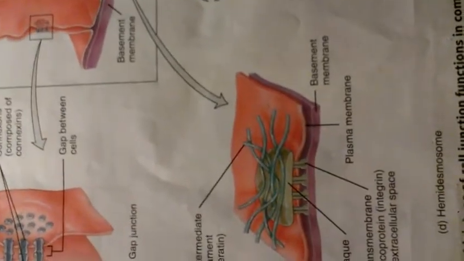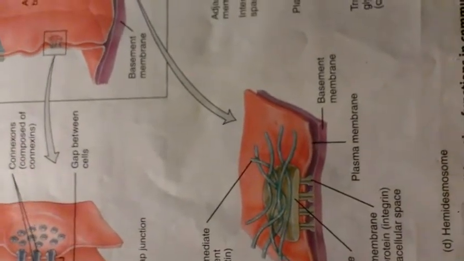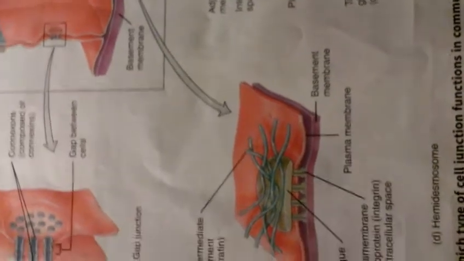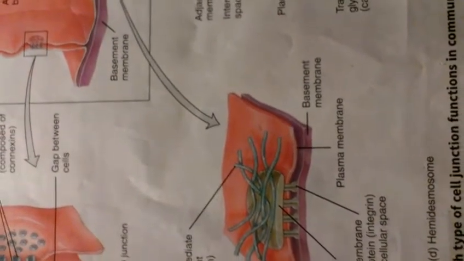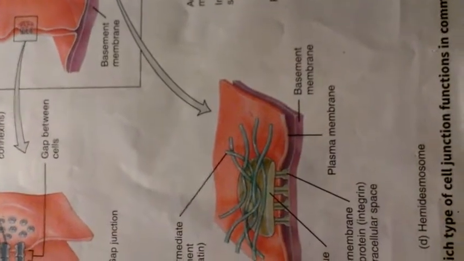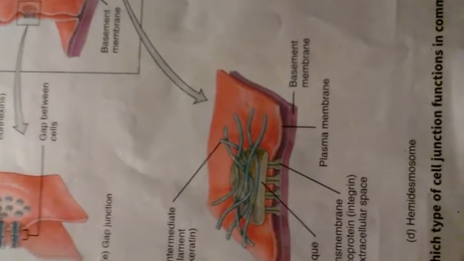One function of the hemidesmosome is that they anchor cells together. They connect cells to extracellular material, such as the basement membrane.